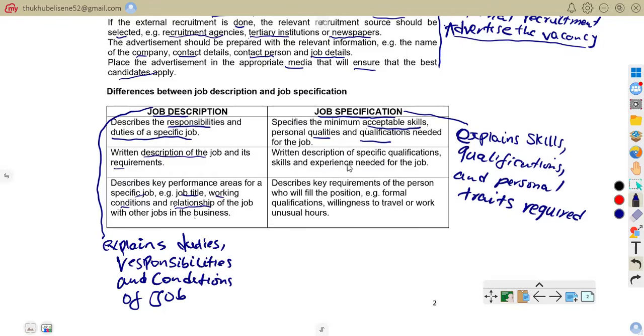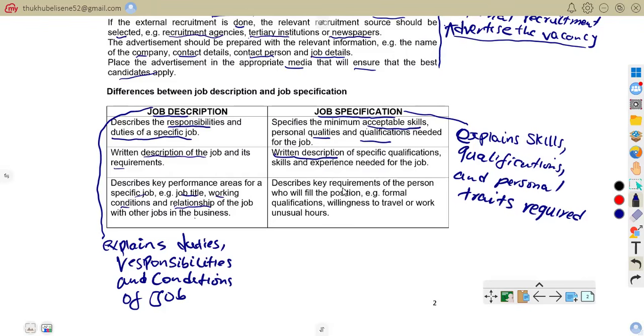So that should be in writing as well: our driver must have a valid license and must have two years of experience.